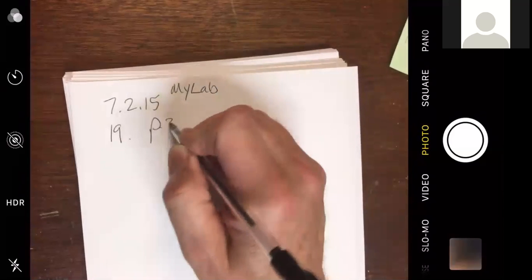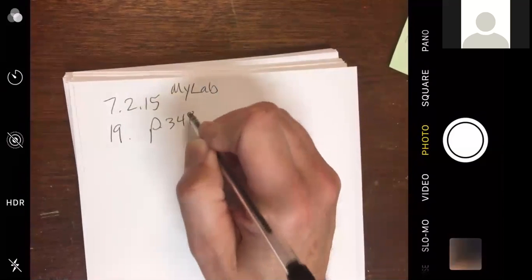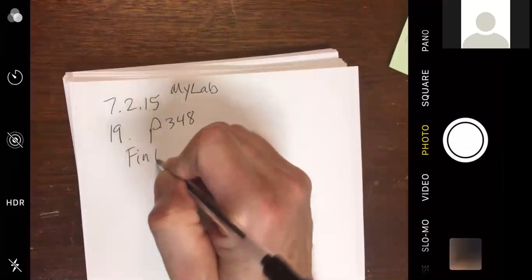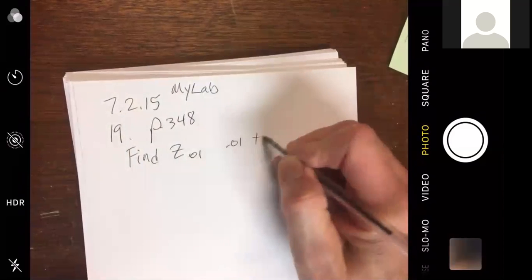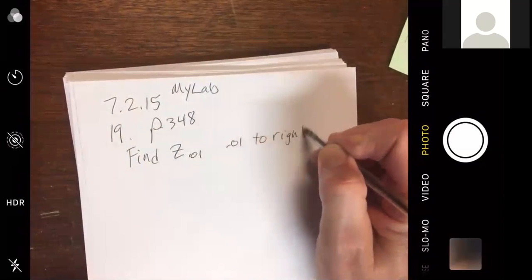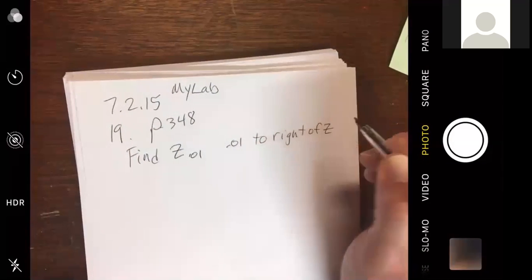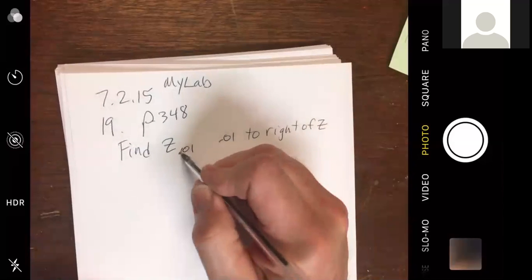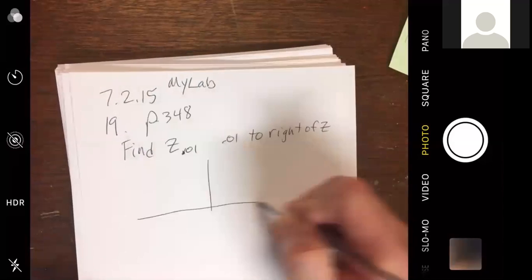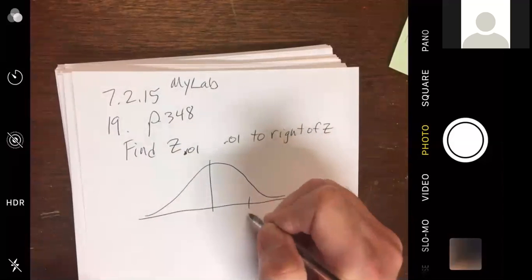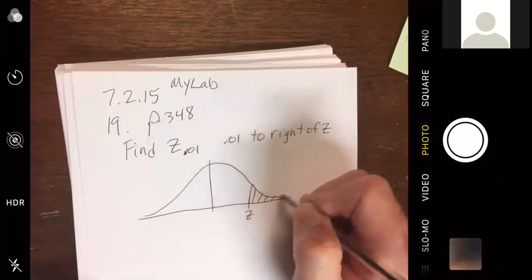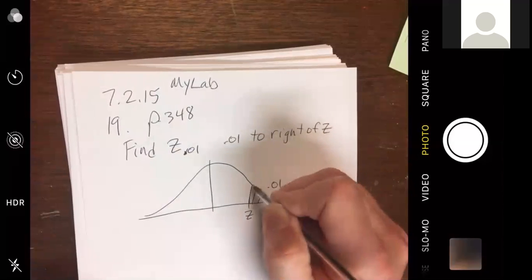Page 348. Find 0.01. And again, they mean 0.01 to the right of Z. Once again, that will be Z where I have 1% to its right.